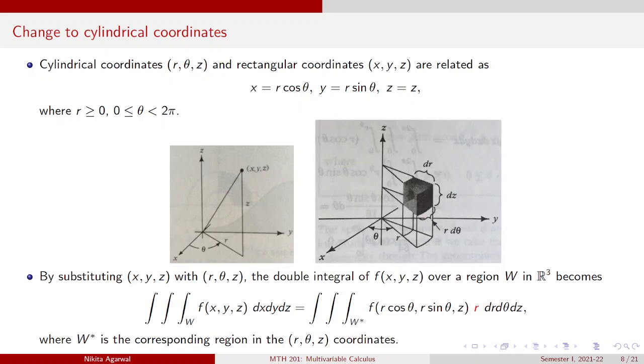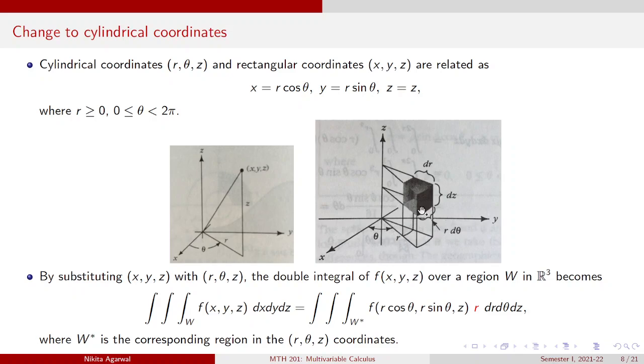So now it's the same idea. If you have a box here of sides dx, dy, dz, what happens to that box when you take it to cylindrical coordinates? So this is the picture. So r to r plus dr, which is the infinitesimal change in r, z goes to z plus dz, which is the infinitesimal change in z, and theta goes to theta plus d theta, which is the infinitesimal change in theta.